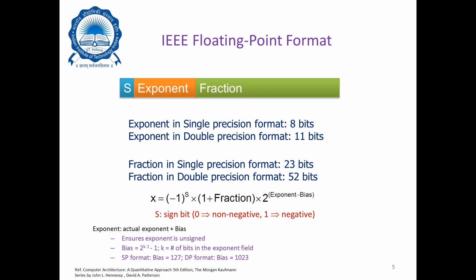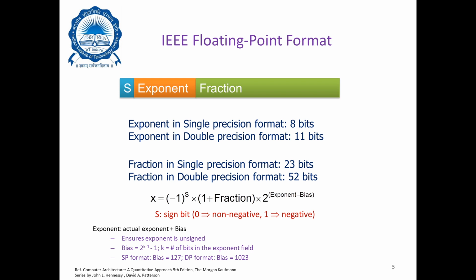So -127 plus 127 gives us 0, and 127 plus 127 gives you 254, so the range -127 to +127 is equivalent to 0 to 254. We keep the remaining value for some special purposes.